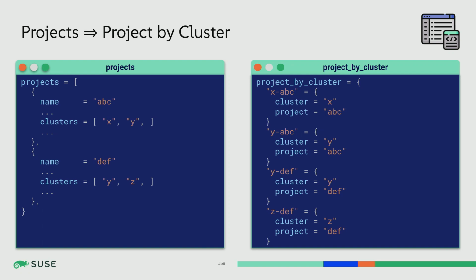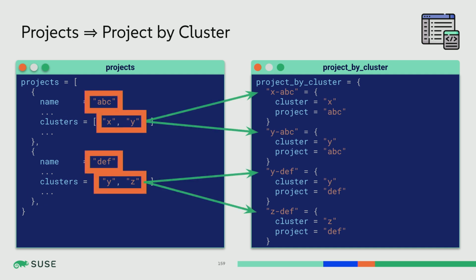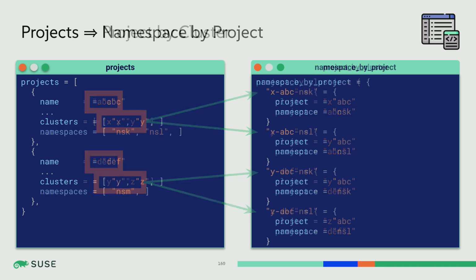Then the same for project by cluster. We will need this to create the project on every downstream cluster. So we'll use the same transformation to get the map listing the tuple cluster and project for every configuration in the user in the project input file.